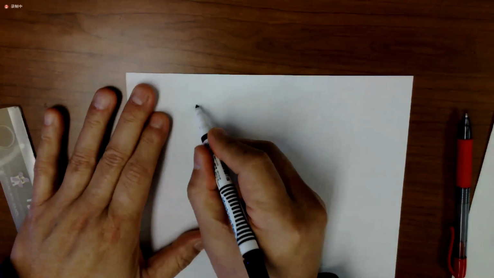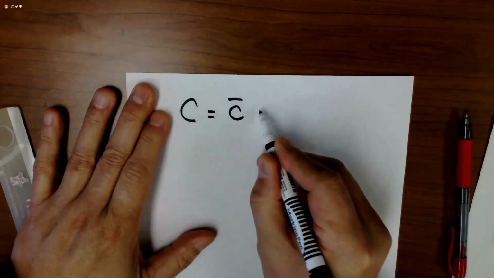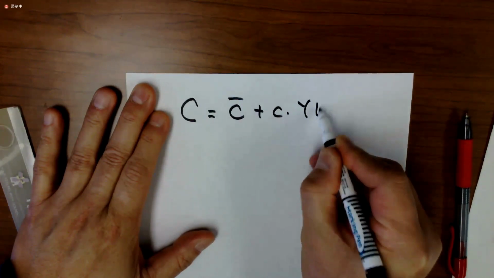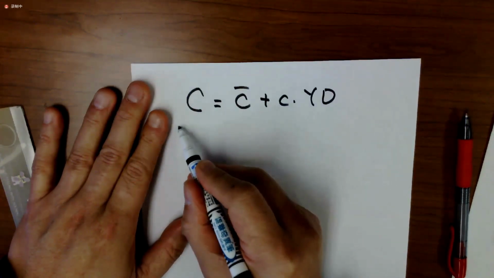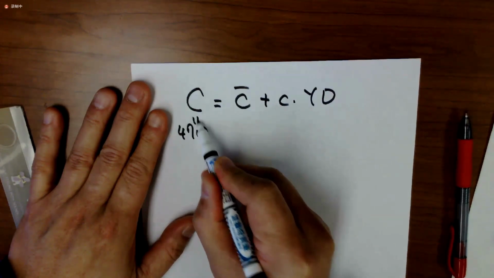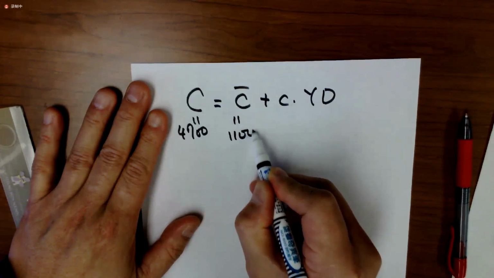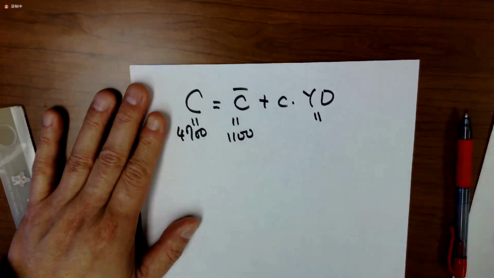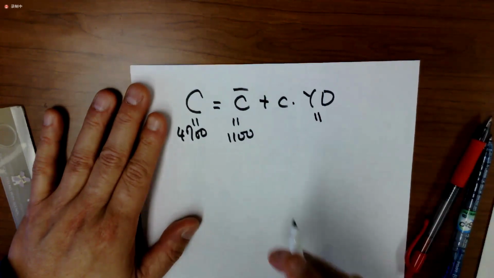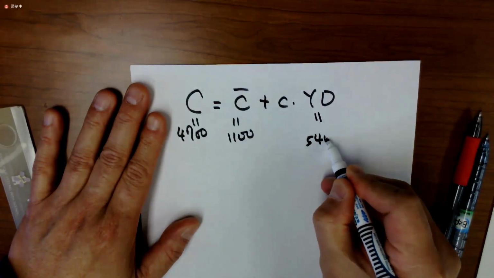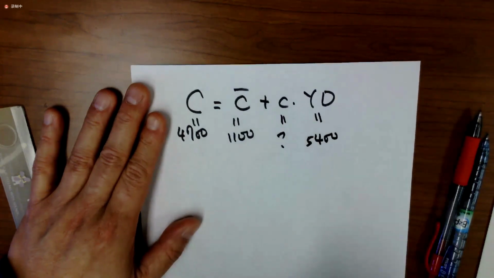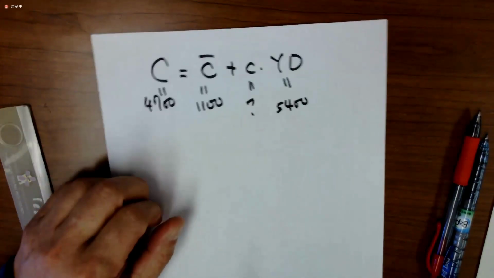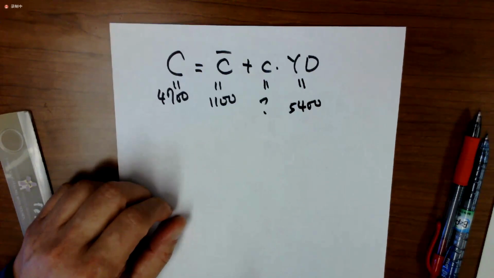C equals C bar plus little c times YD, right? So this is 4,700. This is 1,100, right? And then disposable income is 5,400, right? Then you can solve for c. Yeah, of course you can.